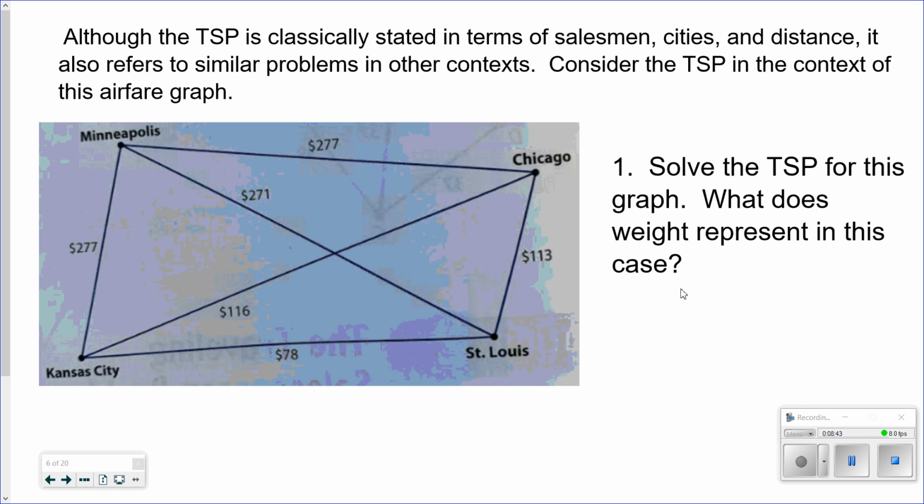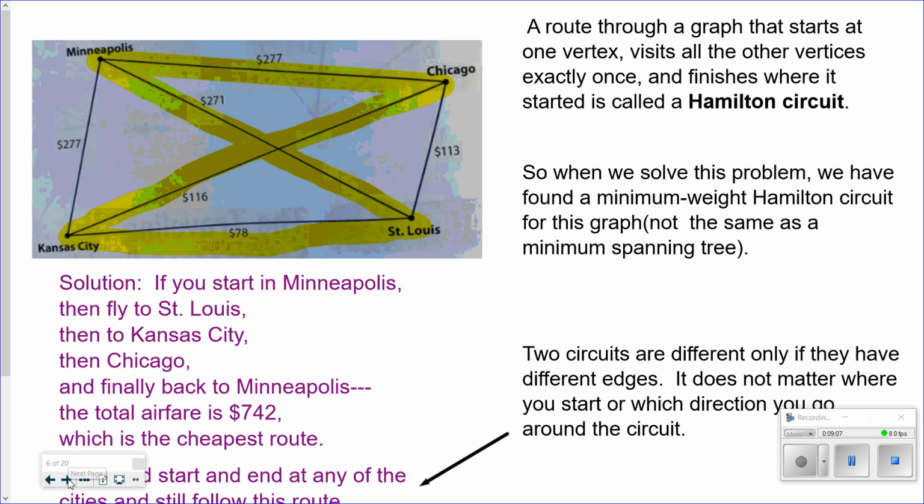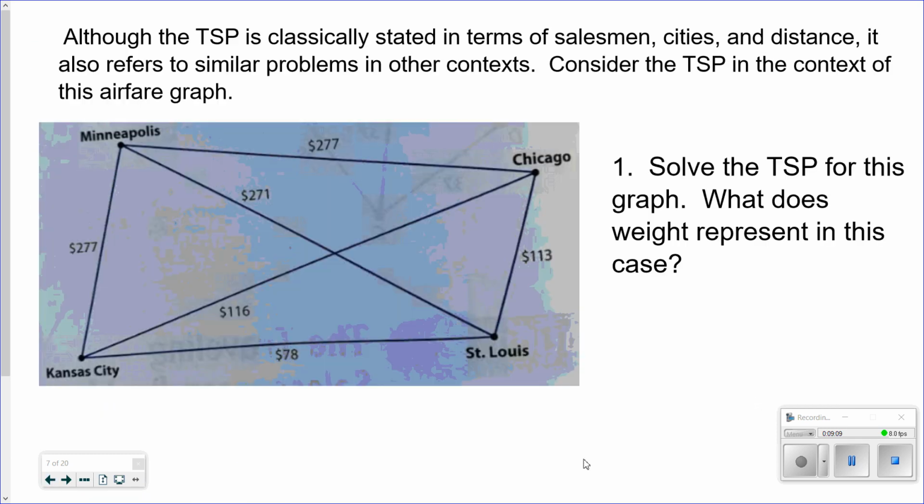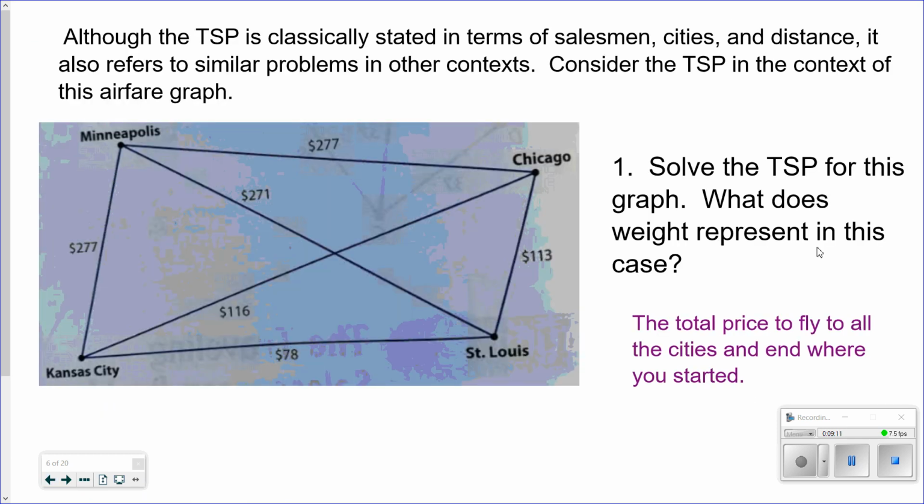I'm trying to find the least expensive route to get to all these cities and back to where I started, using the costs indicated on these edges. So I'm trying to minimize the weight so that my cost is the lowest possible. Oops, sorry, I had to click in here. Yep. So what does weight represent? It's the total price to fly to all the cities and end where you started.